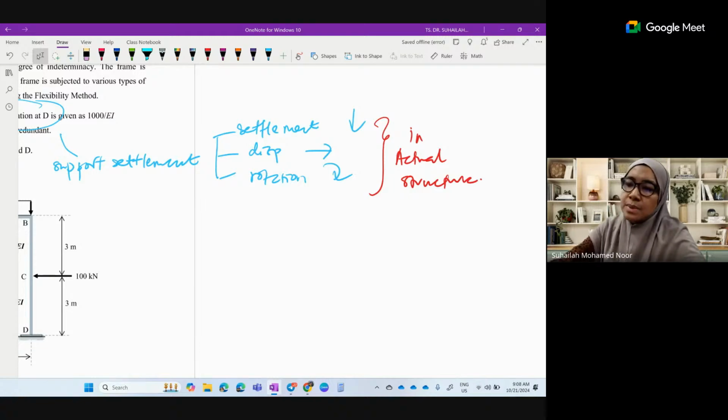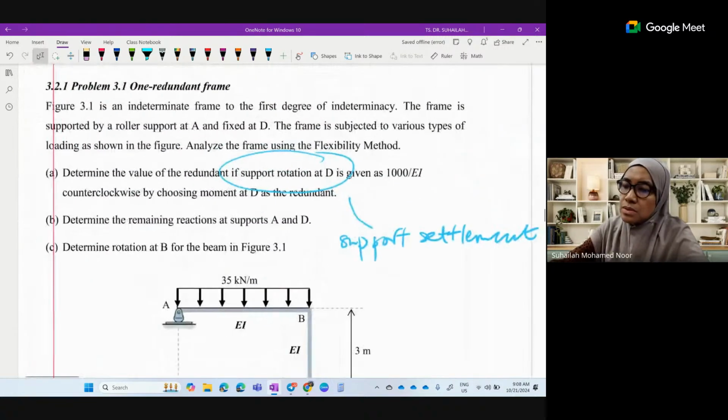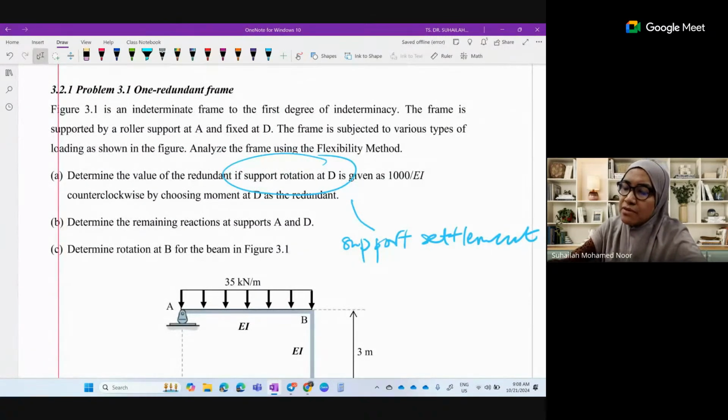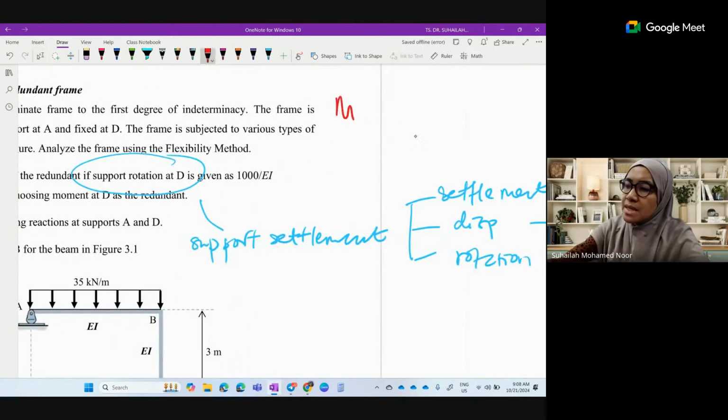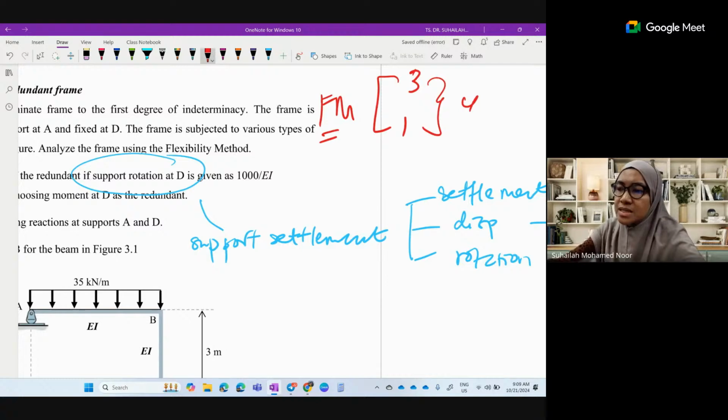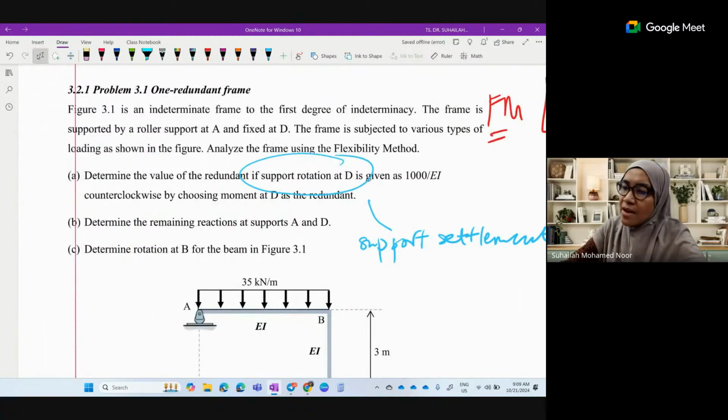So going back to this question, determine the value of the redundant. For the flexibility method, as usual, we must determine the redundant first. But this time we have to consider support rotation.